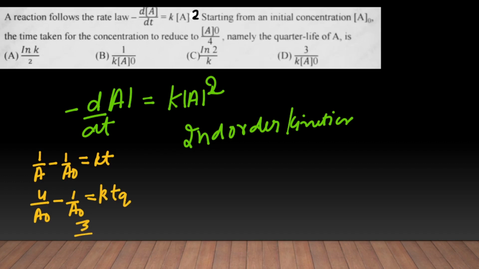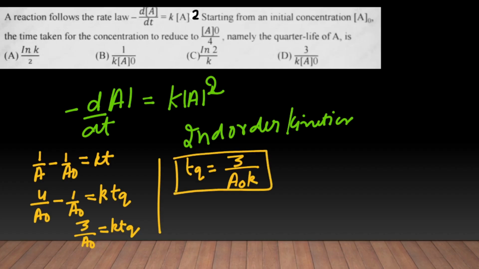So this becomes 3 by A naught, equal to K t quarter. So from here t quarter is equal to 3 by A naught into K. That means option D, 3 by A naught into K, becomes the correct answer.